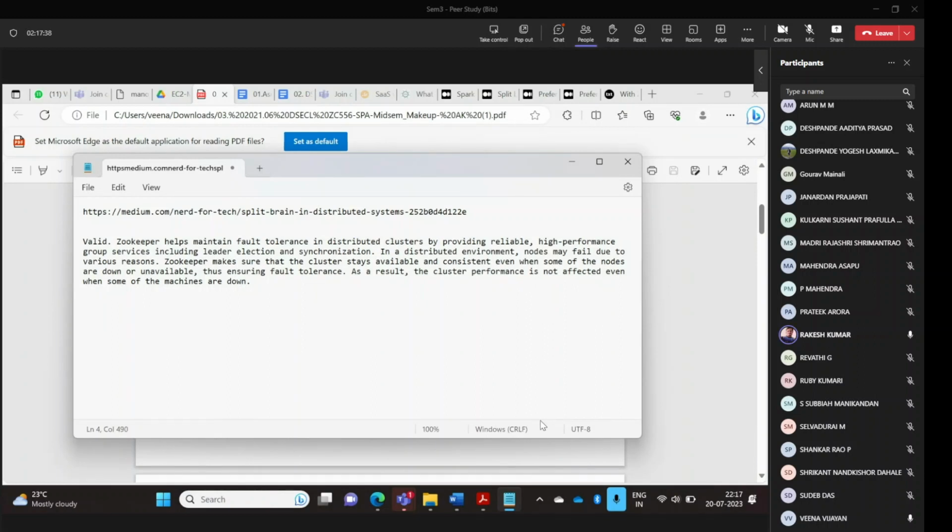So once you have zookeeper, your fault tolerance will be stronger, and if your fault tolerance is stronger and there is no fault in your system, then obviously your performance will always be high. And this is the statement they mention in the question. Is it valid or not?